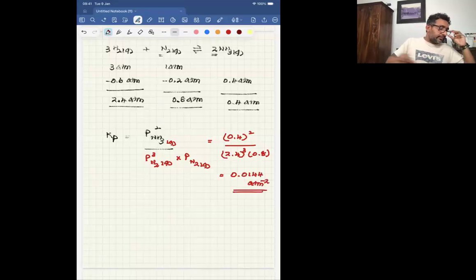Taking it as the initial pressure, I think that is the application, otherwise it is a little confusing. Question number 35 is that.